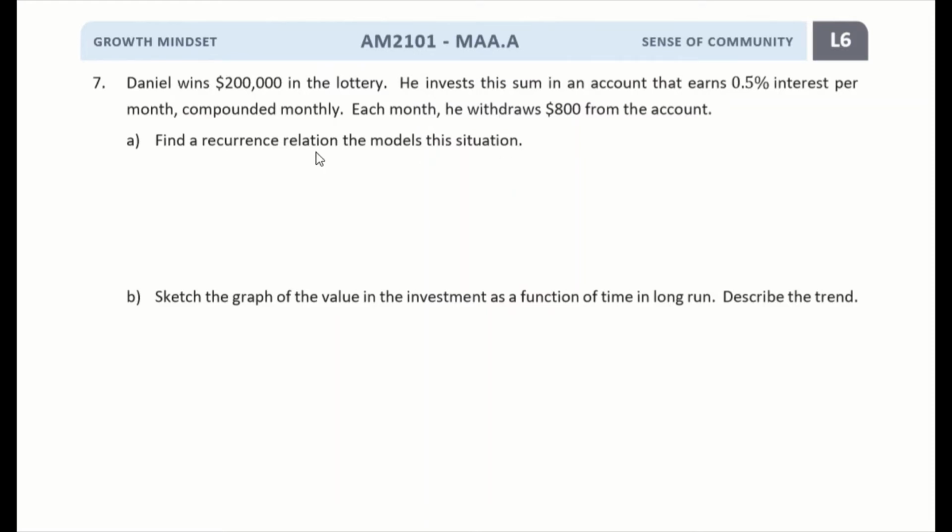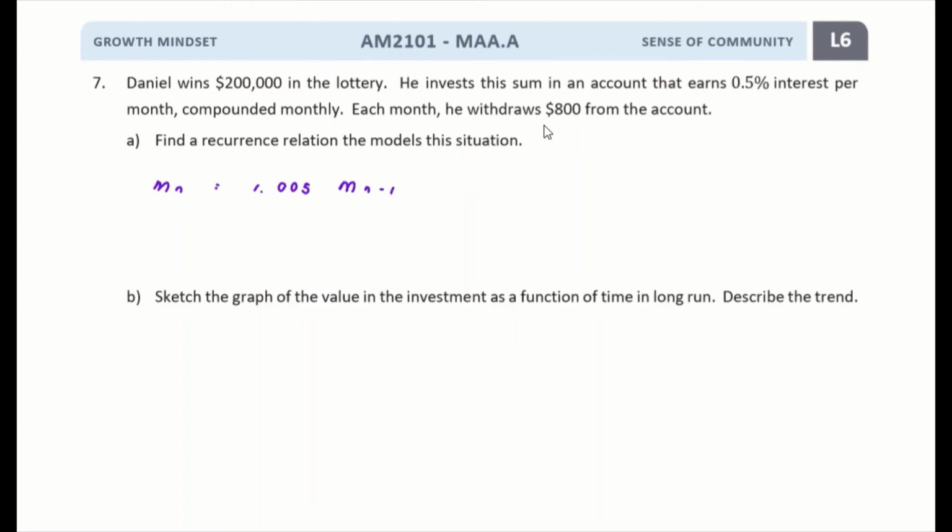In this case, I think the recurrence relation is not hard. It's about money, so maybe just use M. The current money is equal to, since you generate 0.5% interest, 1.005 times the money in the account.